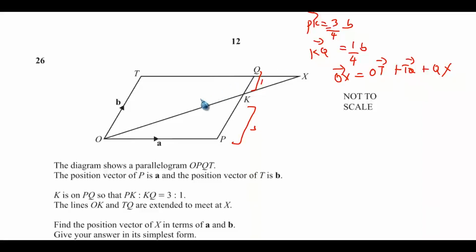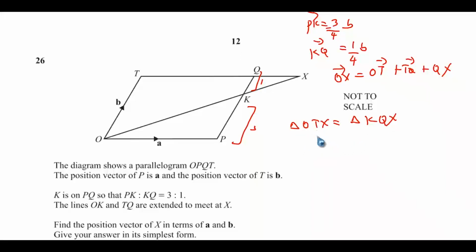So we have two triangles here, triangle KQX and triangle OTX. They are similar triangles. So I can say triangle OTX is similar to triangle KQX.